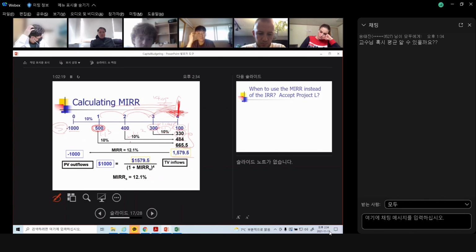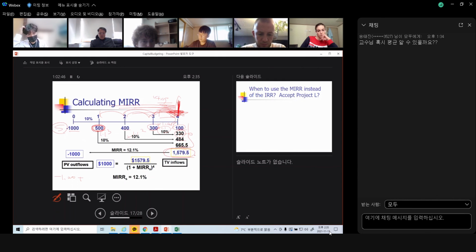Then now we can use the IRR logic. Okay, IRR, we already defined IRR. What's IRR? IRR is the discount rate that makes the NPV equal to 0, right? So NPV minus $1,000, and all of the cash flow happening at time 1, time 2, time 3, moved to time 4.